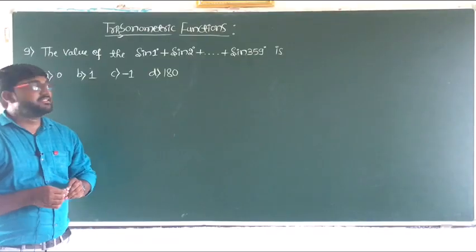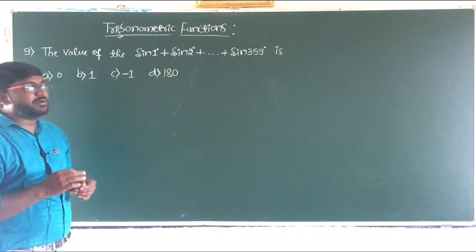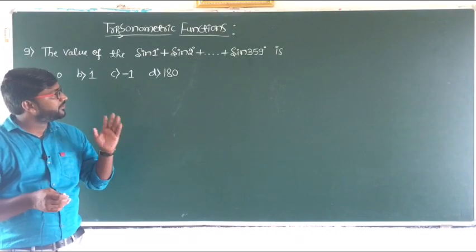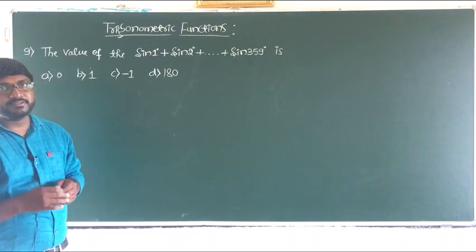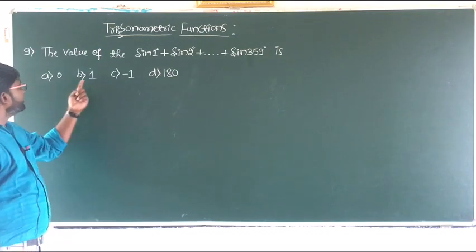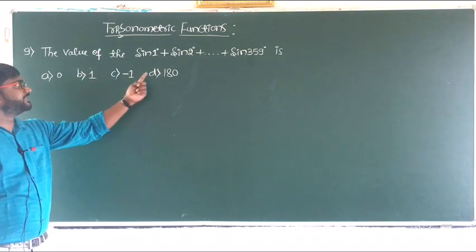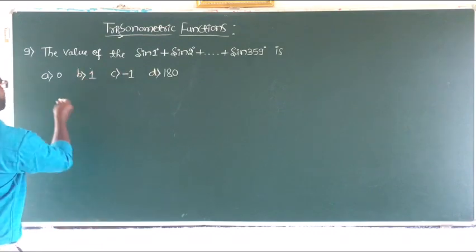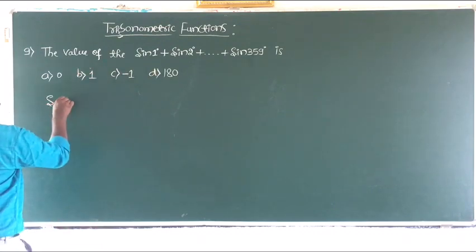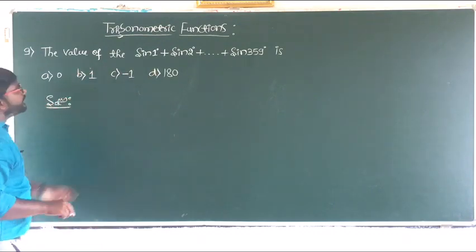Well, the ninth question is: the value of sine 1 degree plus sine 2 degree plus so on up to sine 359 degree. Option A is 0, option B is 1, option C is minus 1, option D is 180. So let us solve this. Here I rearrange the terms.